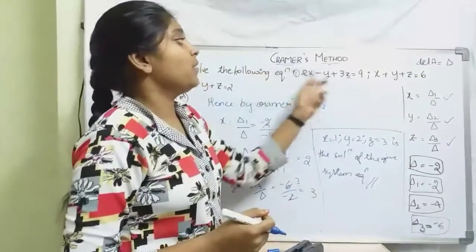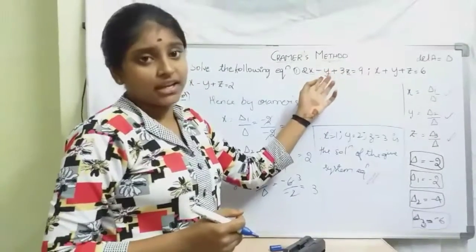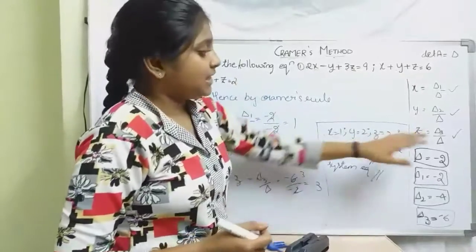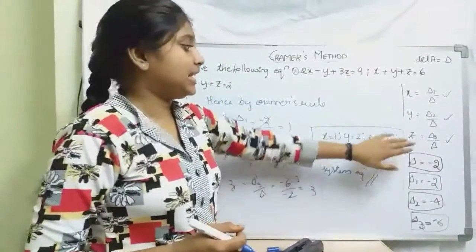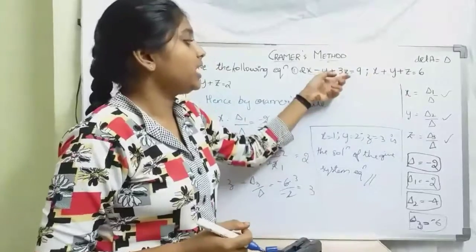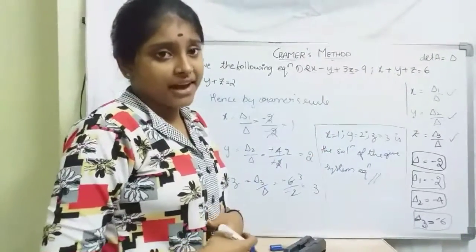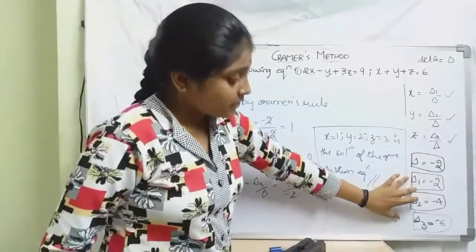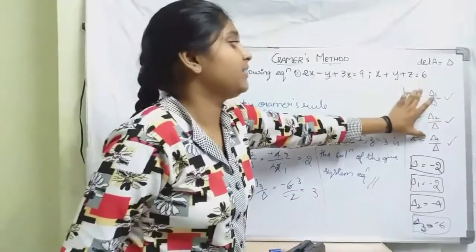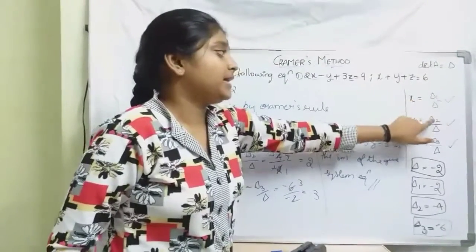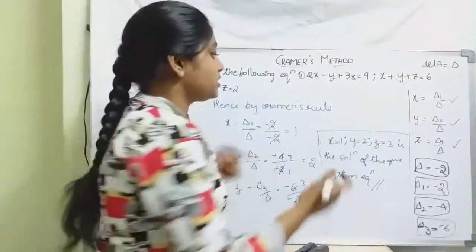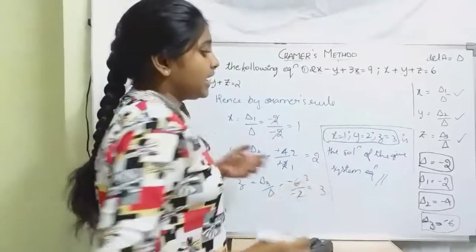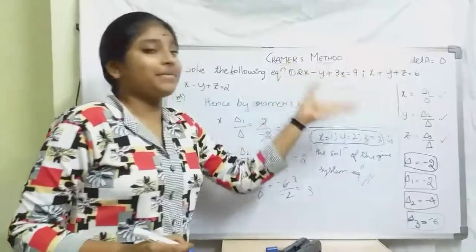For delta 2 we removed the second column and rewrote it with the constants, and in the same way, in delta 3, we removed the third column and wrote the constants there. We found the determinants of these matrices, divided the delta values, and got x equals 1, y equals 2, z equals 3. Hence, here we complete the method called Cramer's rule.